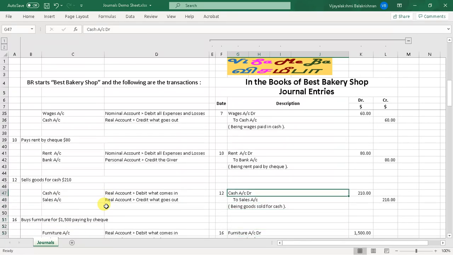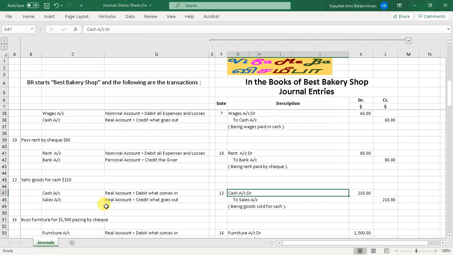The next transaction is sells goods for cash $210. So sales takes place the same way as purchases. When you buy goods, you classify them under purchases. In the same way, when you sell goods, you classify them under sales. And you're making cash sales, which means on one hand you're giving the goods, and on the other hand, you're receiving cash.